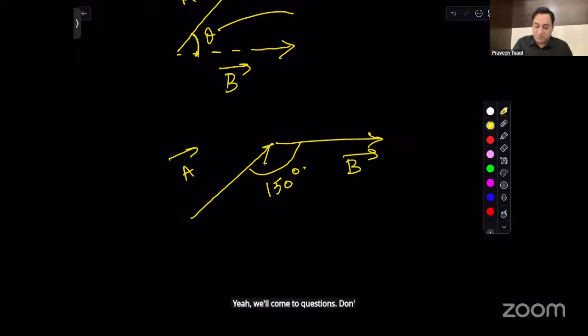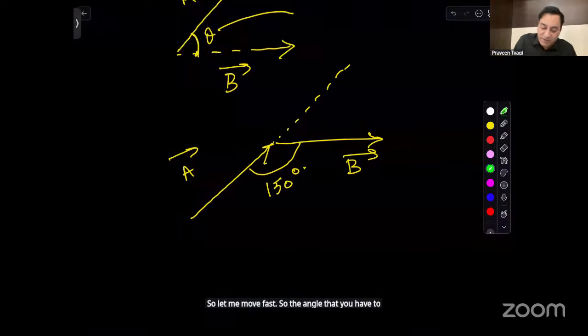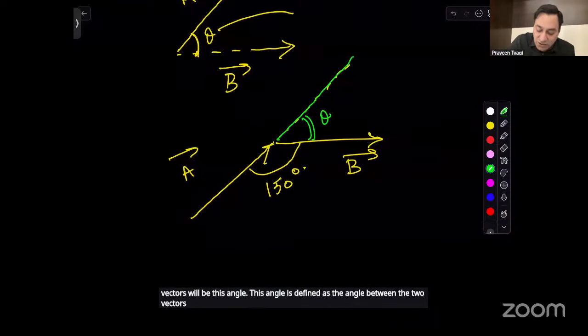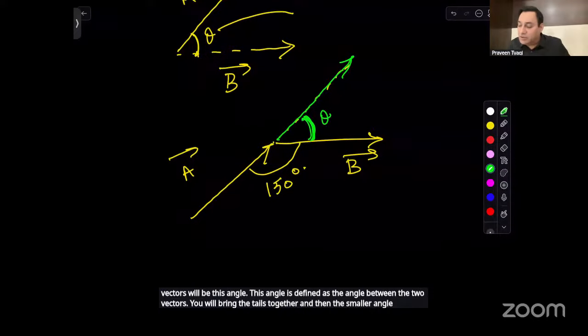Let me move fast. The angle between the two vectors will be this angle. You bring the tails together, and then the smaller angle is called the angle between the two vectors.